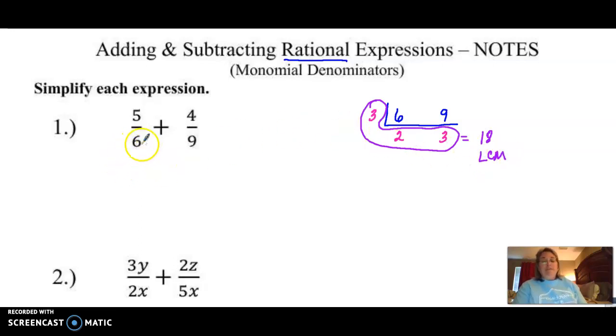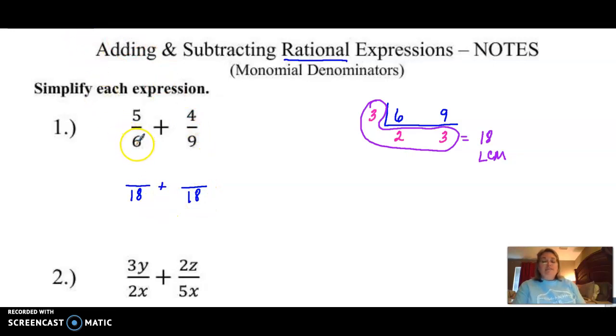So what that means is for my expressions that I want to add, if my common denominator is going to be 18, I'm going to have 18 on the denominator and 18 on the denominator, because I have to make them look alike.